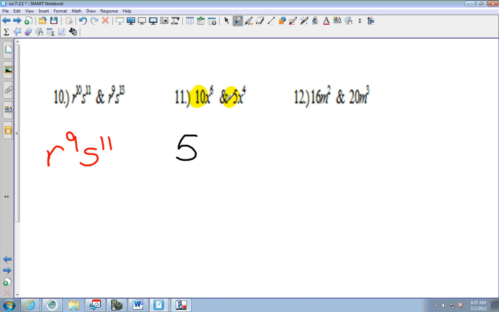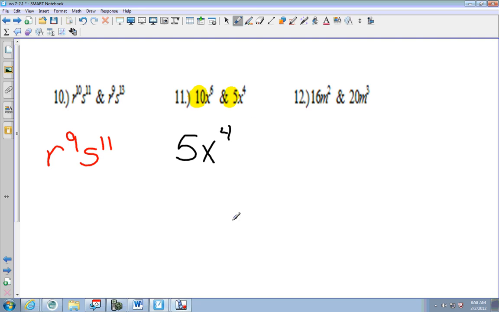Now, is there an x in both of these? Yes. The smallest exponent is the 4th power. You cannot put the x's and the exponents in the calculator to find the GCF. You have to know that the x's are in both of them, and you take the smallest exponent.